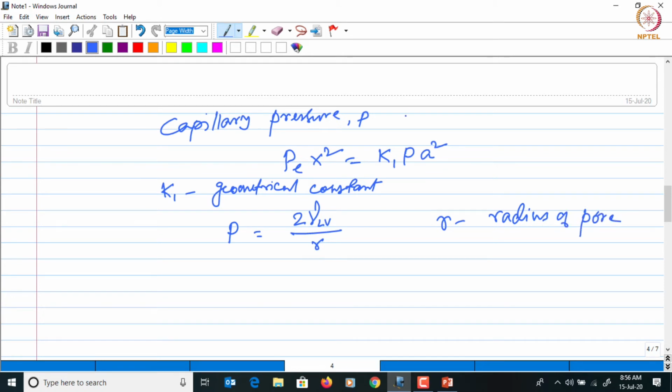So this capillary pressure is actually due to a spherical pore in the liquid. So now if you substitute P in this equation, then we get P_E as this.